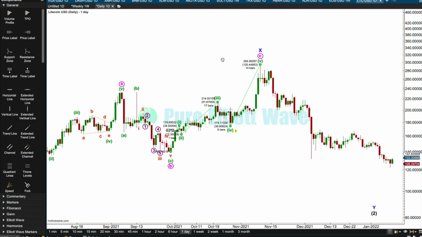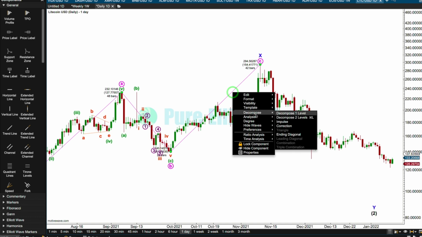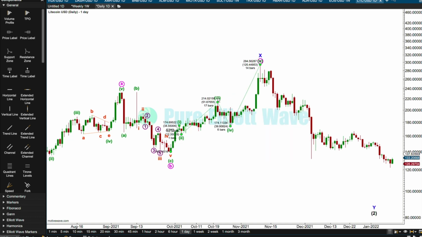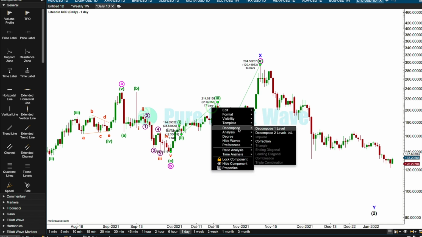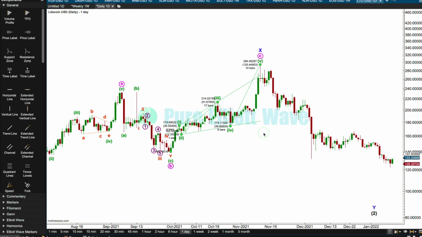Is it an ending diagonal? There's an overlap here. So that can't be right, and I can't put 1 and 2 any lower, so that has to be an ending diagonal. Is that going to fit though? I'm just looking at the wavelengths. Yes, 3 is longer than 1, yes, 5 is longer than 3, and 4 is longer than 2. The trend lines diverge, there's an overshoot for the 5th wave, the trend lines are adhered to. Yeah, that looks fine.